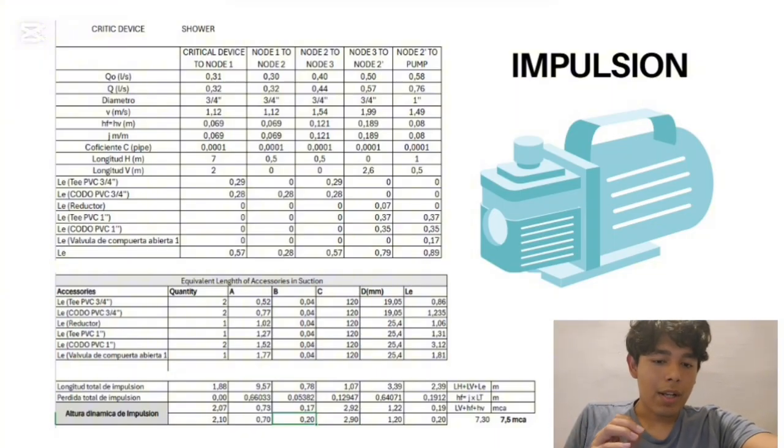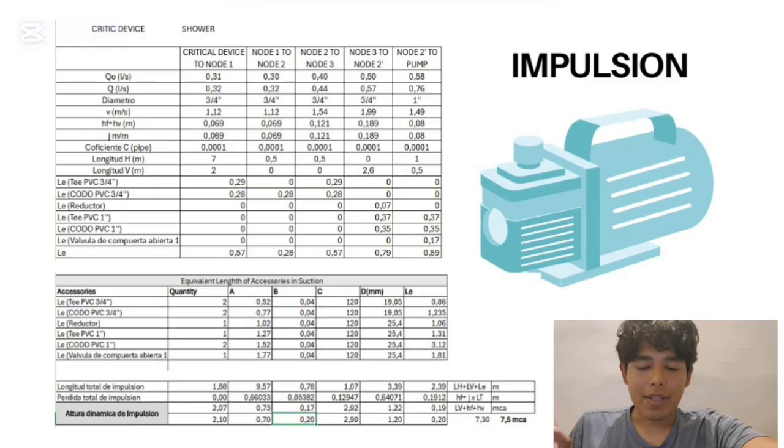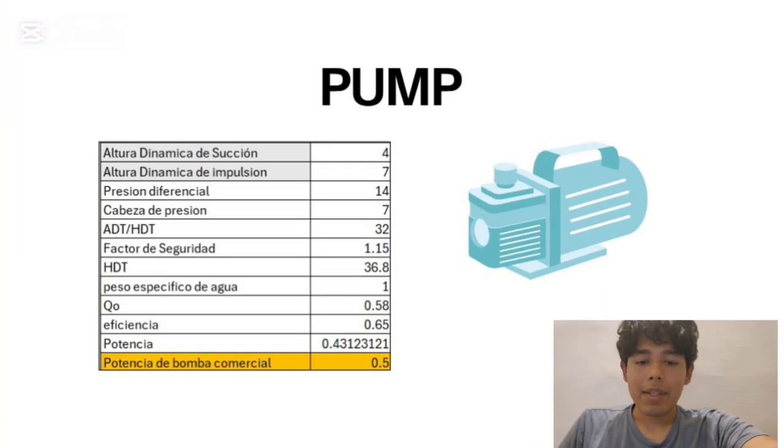When we have all this information, we calculate with the different coefficients, and we have the dynamic height of impulsion with the losses and the other things that we calculate, and we have 7.3 meters, but we can change it to 7.5.